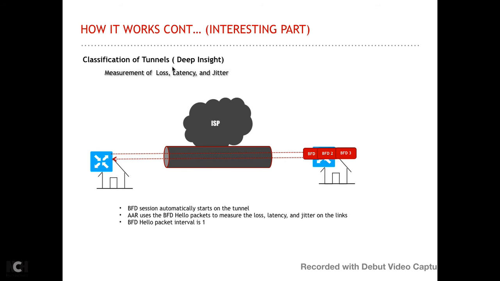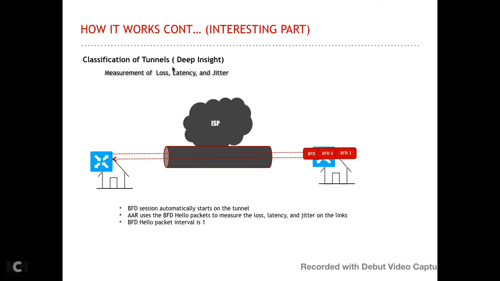It's just taking the feed and getting the information of the transport health, and AAR, with the policies of the SLA metric, what has been measured or what has been asked to do as a reaction, uses all these BFD hello packets, and based on that, it does the action of an SLA class, whatever you have collected with the help of BFD, right?